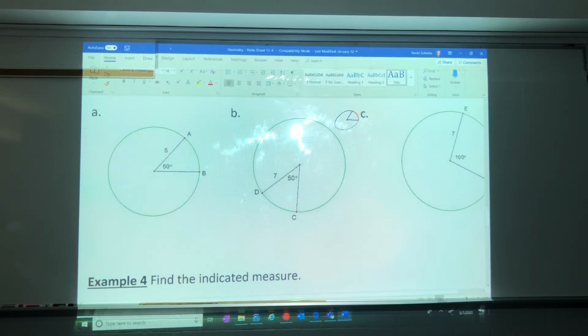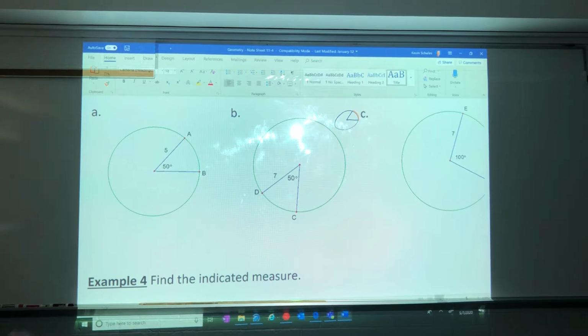Okay, we're going to zoom this out, and when we look at A, we write our formula: arc length over circumference is going to equal arc measure over 360.